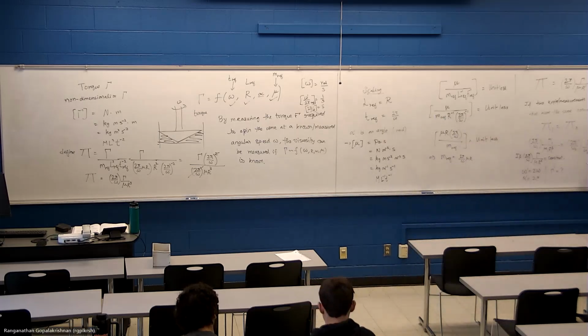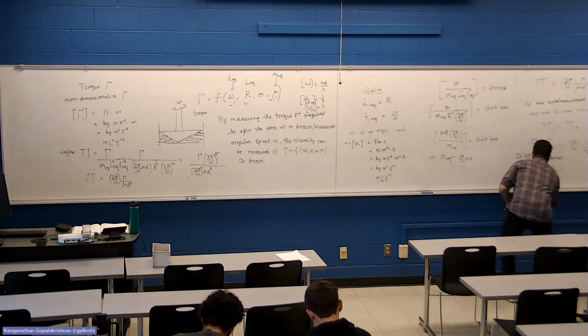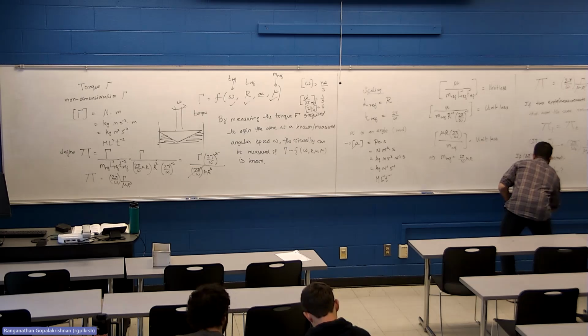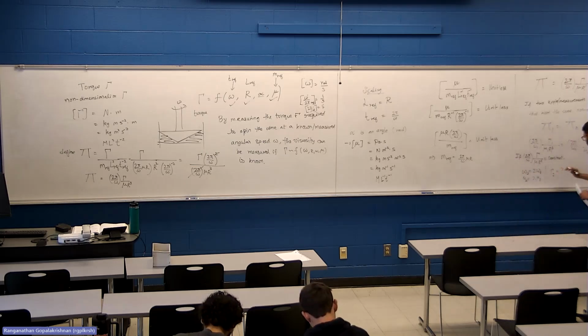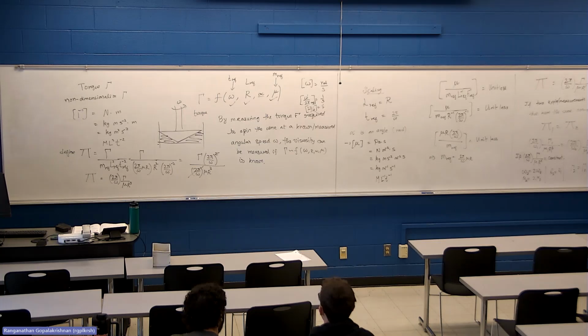Omega 2 is 2 omega 1 and mu 2 is 2 mu 1. What will be gamma 2? Assuming radius is the same. If it's not told, we'll assume radius is the same. Gamma 2 will be gamma 1 times 2 omega 1 times 2 mu 1 divided by omega 1 times mu 1.